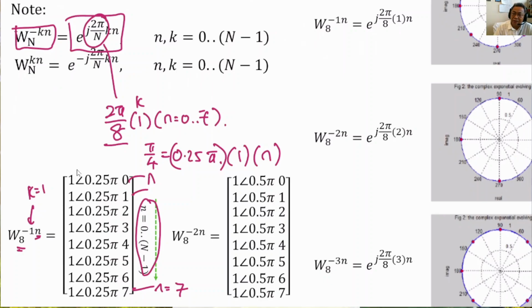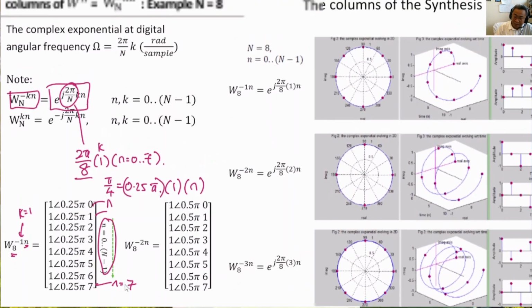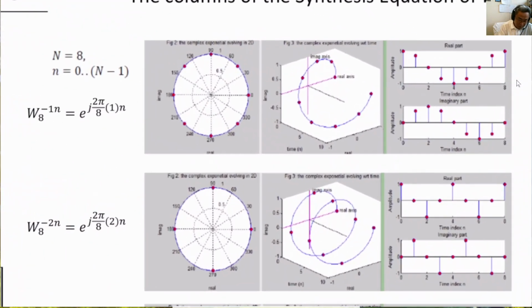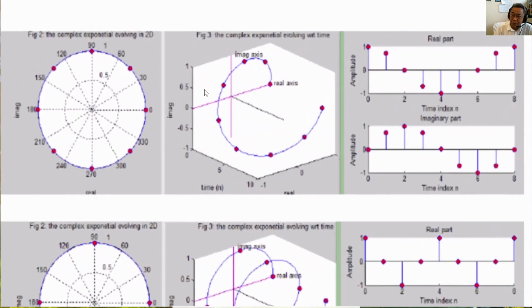And what does this vector look like to you? It is basically a complex exponential that is going to rotate as n is increased. So how is it rotating? Let's plot. This first row here is plotting this vector. In 2 dimensions, you can see where the points are landing, and if you count, there are 8 points. But in the 3-dimensional plot, we can exactly see how it is rotating.